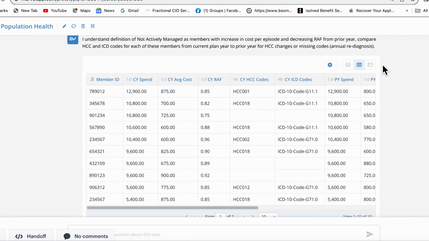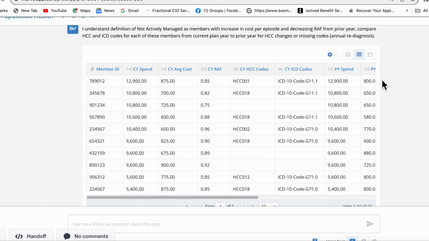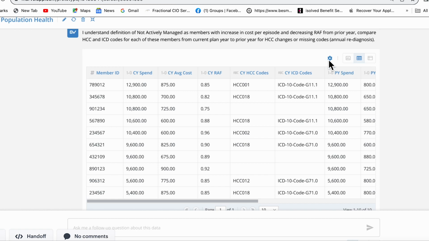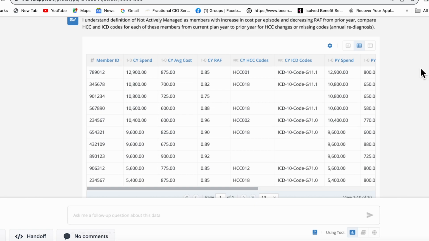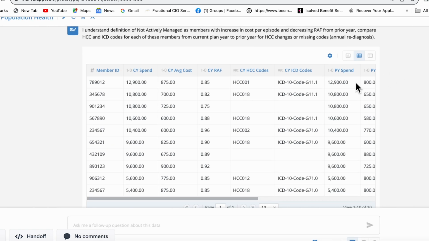And then finally, within that cohort of increasing cost and decreasing risk adjustment, we want to identify the patients that have missing health condition classification codes or missing ICD-10 codes, because this would indicate cases where the primary care physicians are not actively managing these patients.